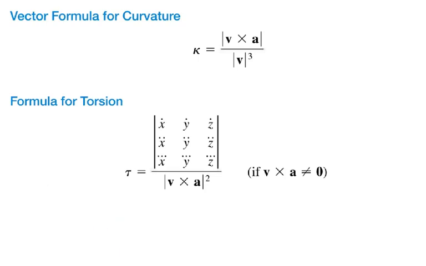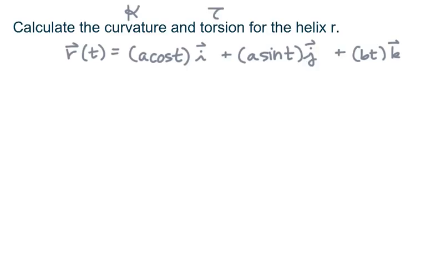So we have one more example in this section, and actually even in this chapter of videos, where we're going to find the curvature and torsion for a helix. In this example, we are going to calculate the curvature kappa and the torsion tau for the helix given by this vector r.